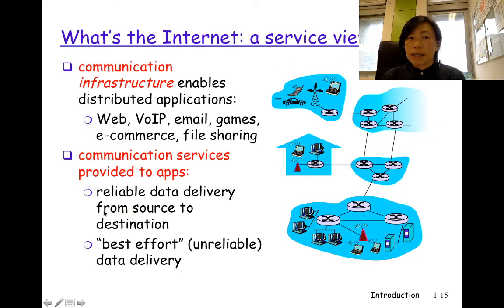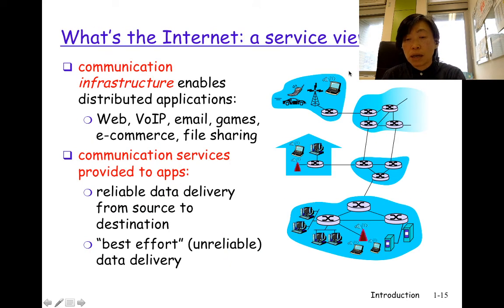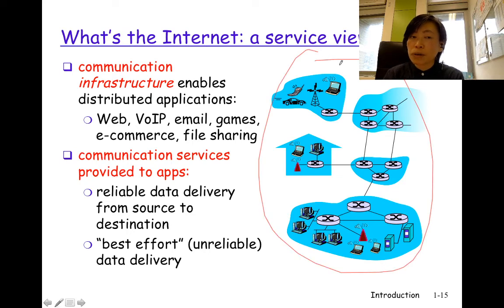Now we are moving slightly towards the software side. The whole thing is the internet or a partial internet. That is the communication infrastructure. It needs to be there to enable all the computation and communication that's needed.